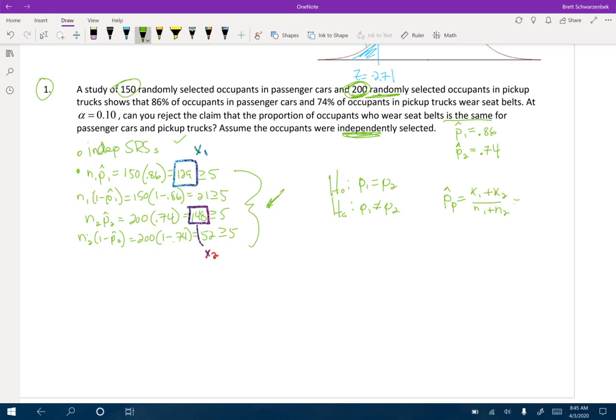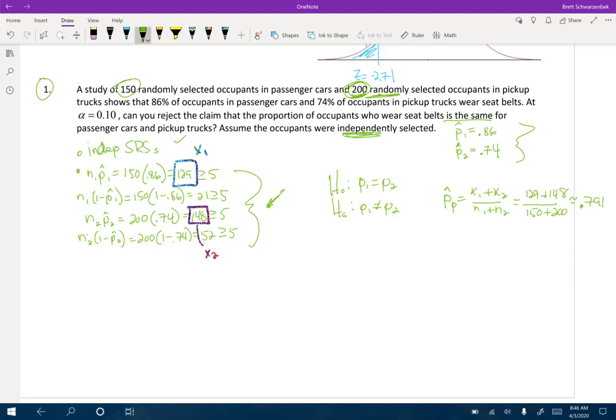So we're going to get 129 plus 148 over our 150 plus 200, which is going to give us approximately 0.791 as our pooled proportion, which is somewhere in the middle ground of 0.86 and 0.74. So yeah, you could have found these to begin with. Obviously, if you want to find the number of successes, you multiply the proportion times how many people there are. But it's nice that once you calculate the assumptions, you're basically finding x1 and x2.